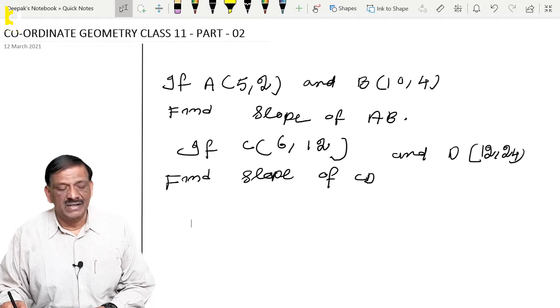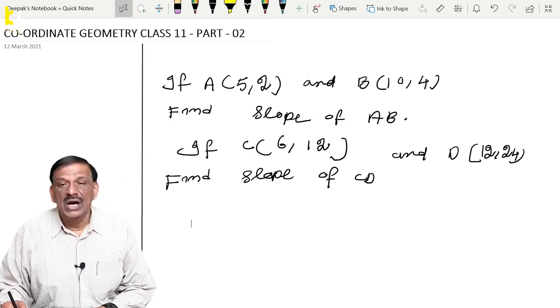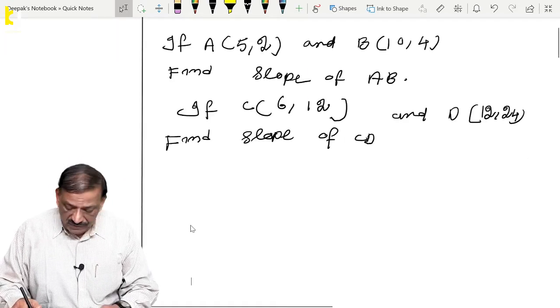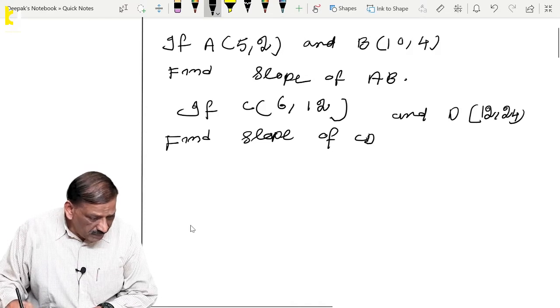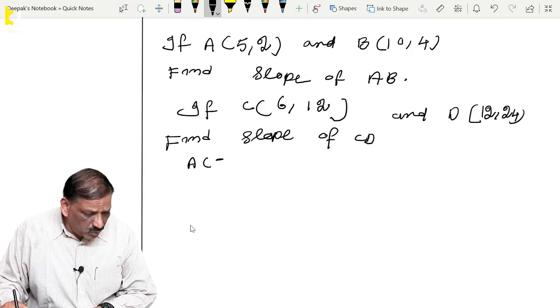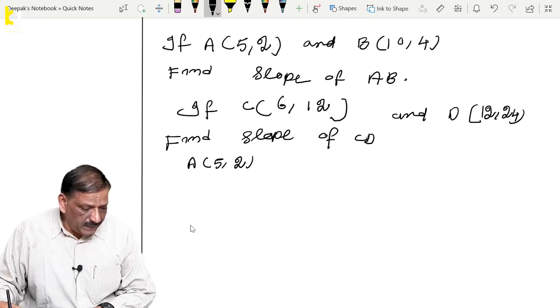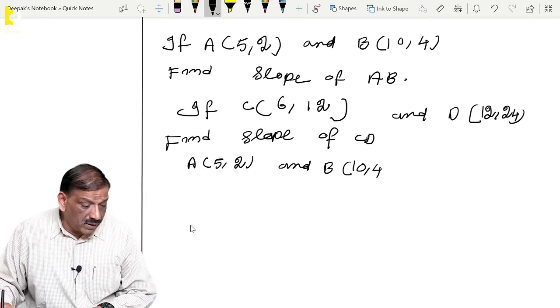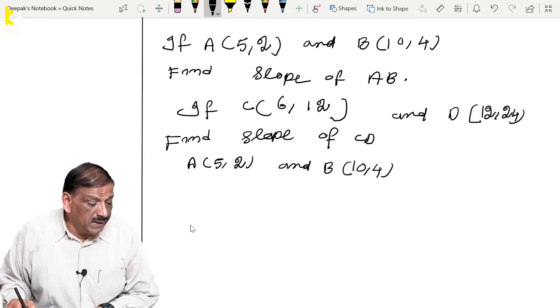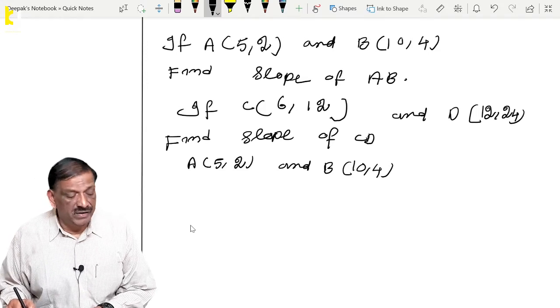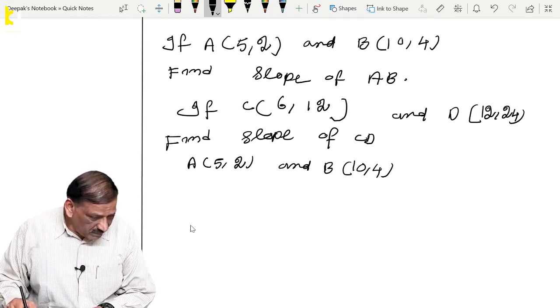See, we can check whether AB and CD are parallel. A is (5, 2) and B is (10, 4). We can find out the slope of AB.